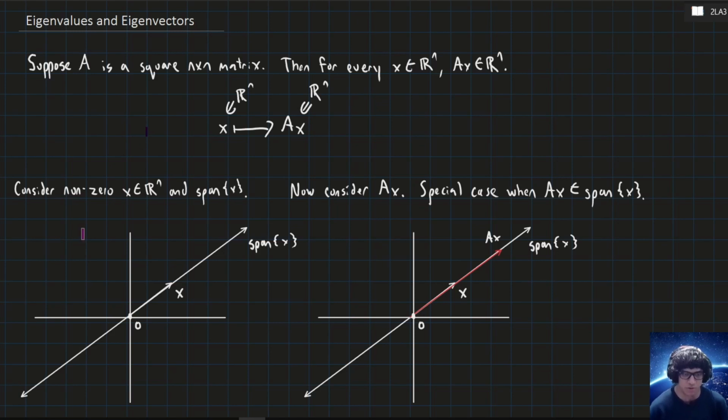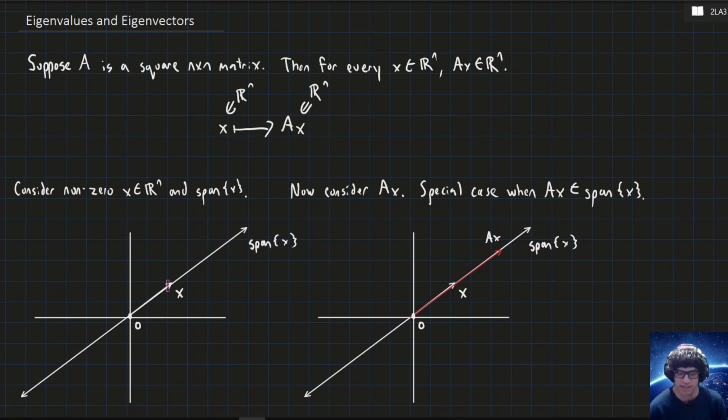Let's think about x in R^n and think about its span, which is a line through the origin like this. And let's say we multiply x by A. Since Ax lands in the same space, we can potentially draw it on the same picture.